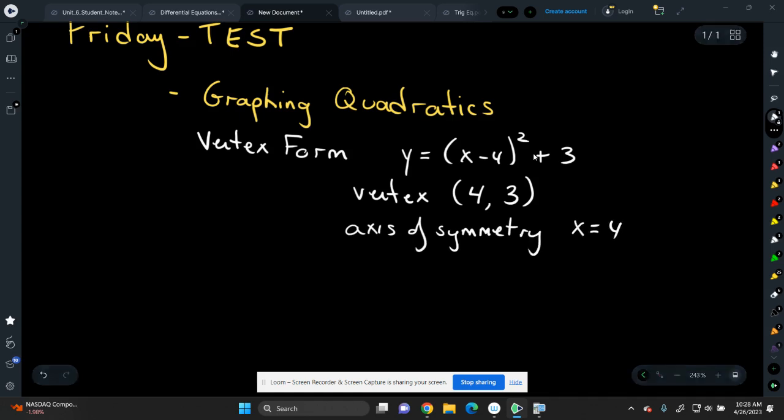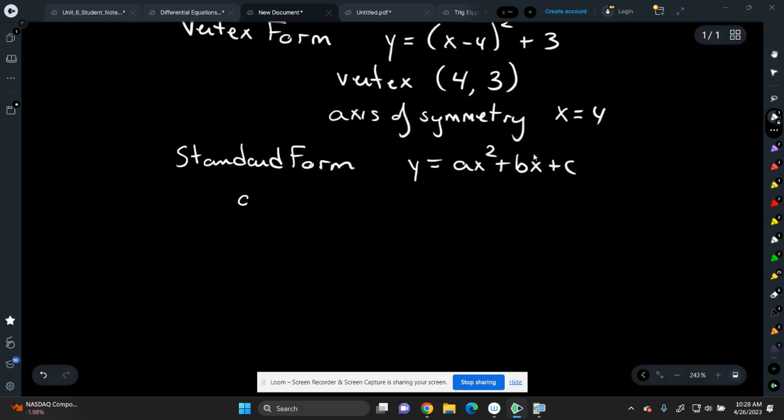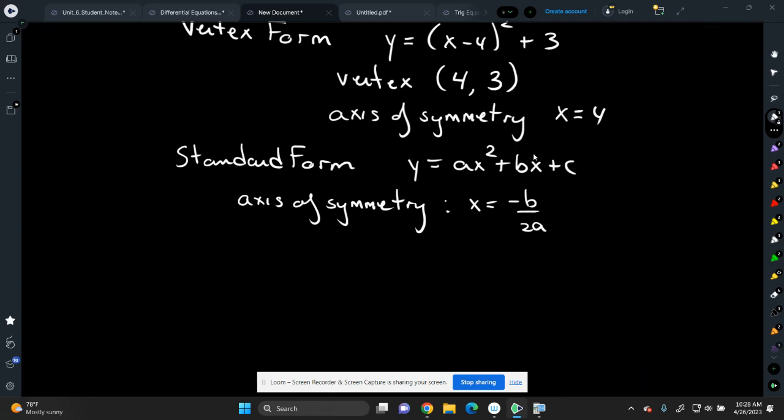Okay. And then we have our standard form, and that's y equals ax squared plus bx plus c. And we can find our axis of symmetry by using the formula x equals negative b over 2a. We also know our vertex. It's going to be a point.